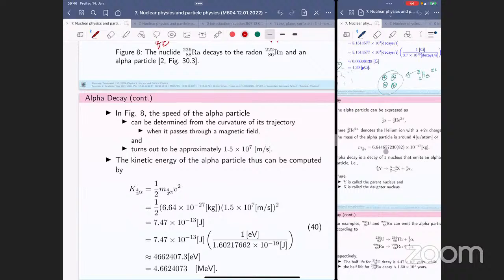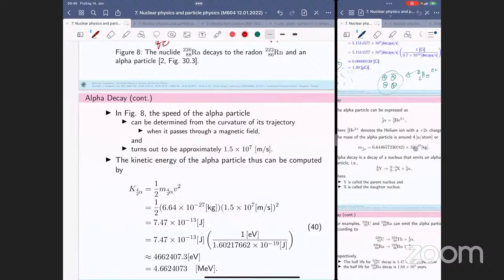It's 6.644 and so on. The 82 is the uncertainty of the last two digits. You just take plus or minus, because in reality we have limited accuracy of measurement, so we cannot find accuracy at any deeper digit after the decimal point. So you can simply use 6.644, or even 6.64, times 10 to the negative 27.